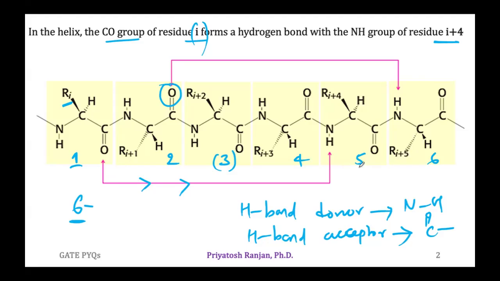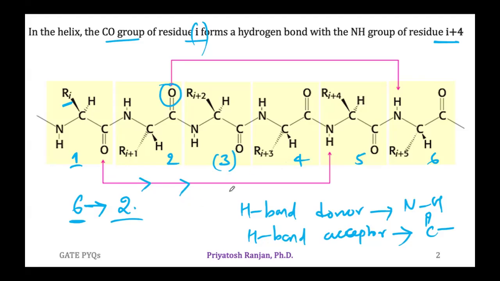The reason being, this peptide is only 6 amino acids long. So how many hydrogen bonds are getting formed in this hexapeptide? The answer is 2, because for the remaining amino acids at the terminal, that means residues 3, 4, 5, and 6, the CO groups don't have a potential hydrogen bonding partner.